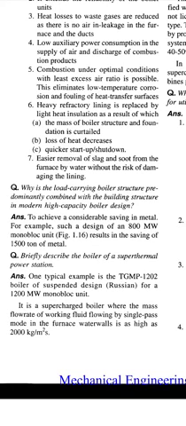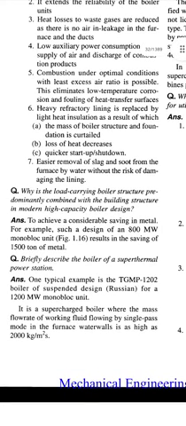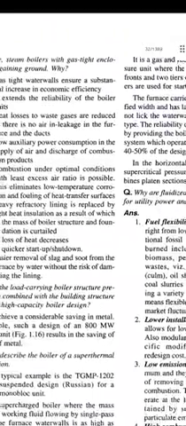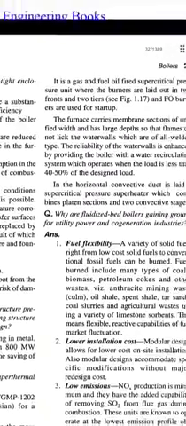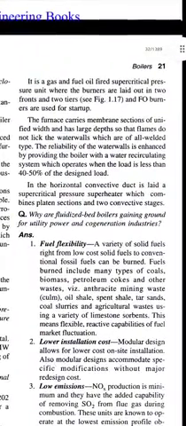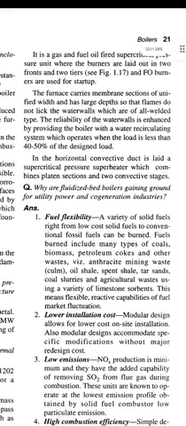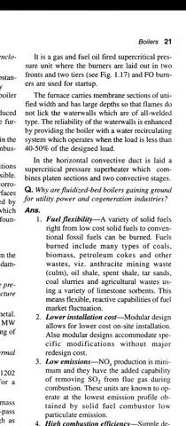It is a supercharged boiler where the mass flow rate of working fluid flowing in single pass mode in the furnace water walls is as high as 2000 kg per meter squared second. It is a gas and fuel oil fired supercritical pressure unit where the burners are laid out in two fronts and two tiers, and four burners are used for startup.